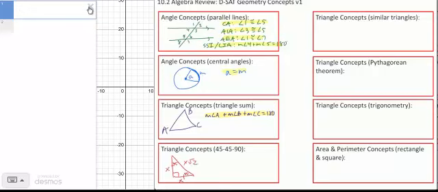I don't have it written down here, but I am going to put it in this same set, which is 30, 60, 90. In a 30, 60, 90 triangle, x is the length of the side opposite 30 degrees, 2x is the hypotenuse, and x root 3 is the side opposite the 60 degrees.